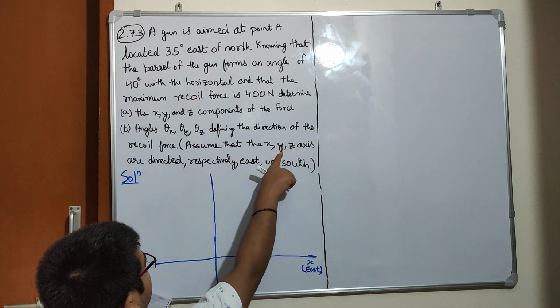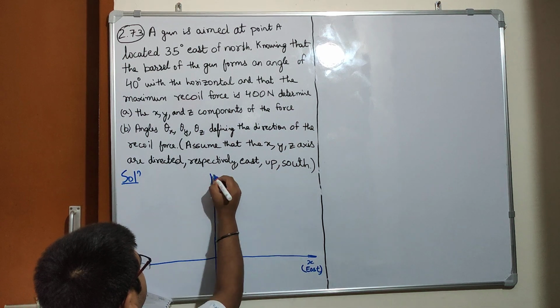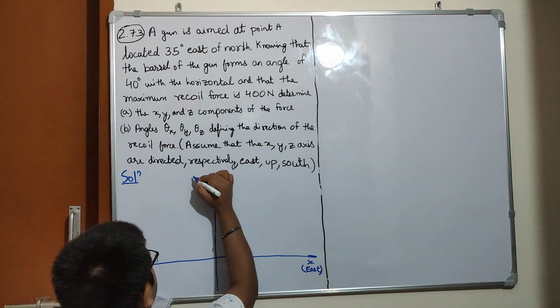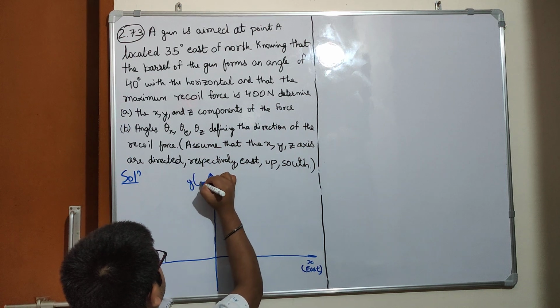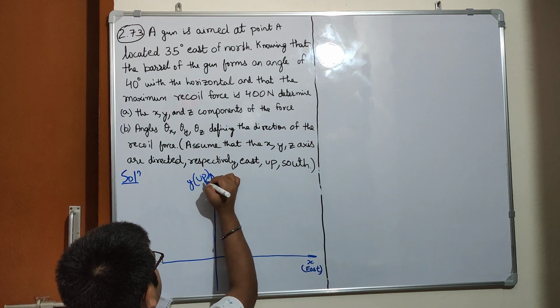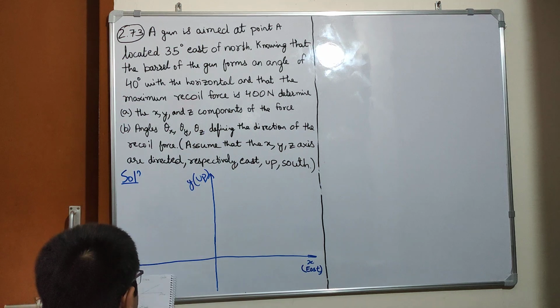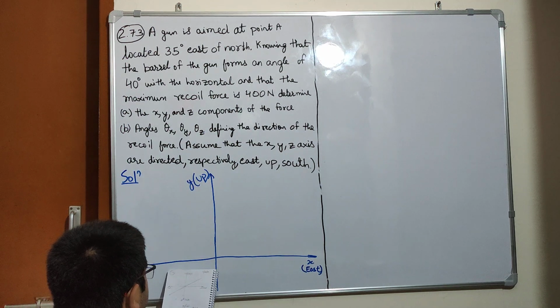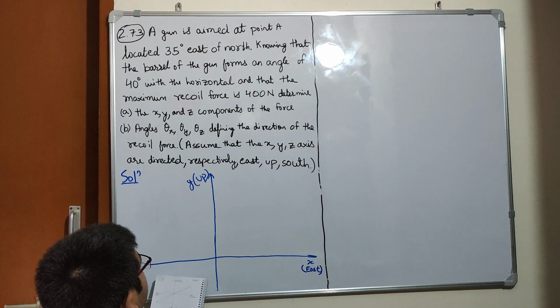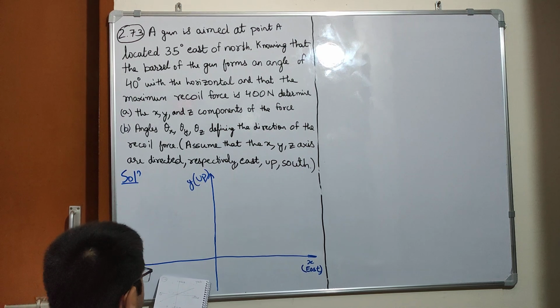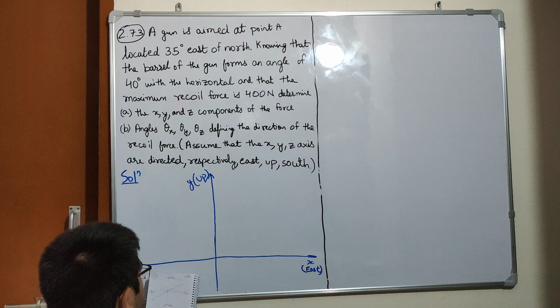Then we are told that y axis is in the upward direction. So I'll draw it here. This is y axis up. Then we have z direction, and positive z axis is south.